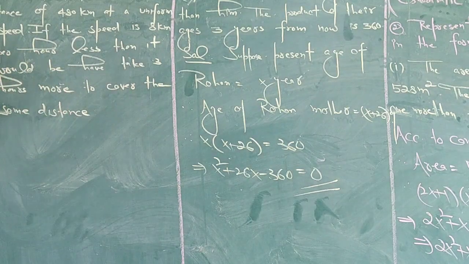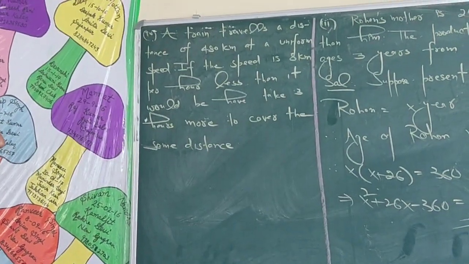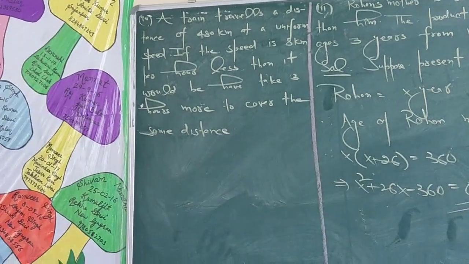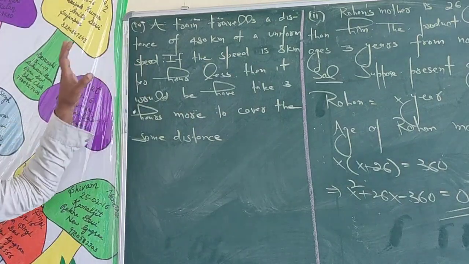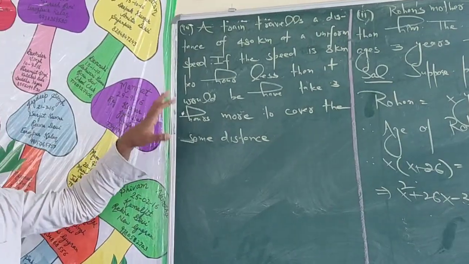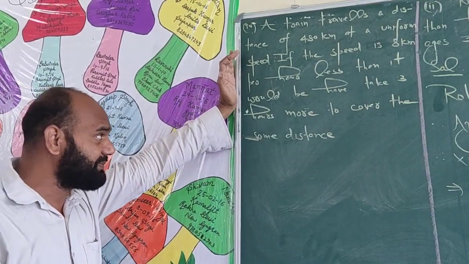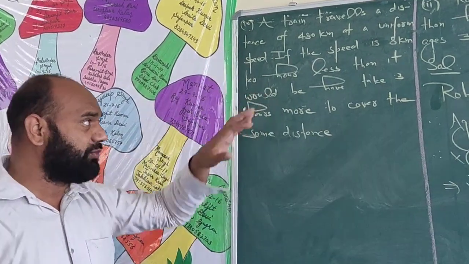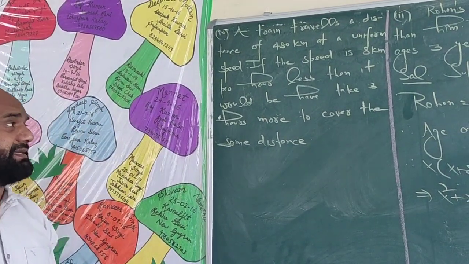And in the fourth part, it is given a train travels a distance of 480 km at a uniform speed. If the speed of the train is 8 km per hour less than its original speed, then it would have taken 3 hours more to cover the same distance.